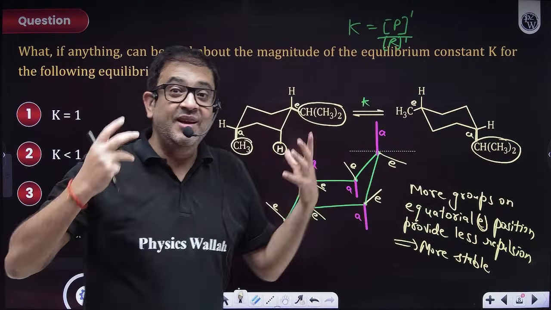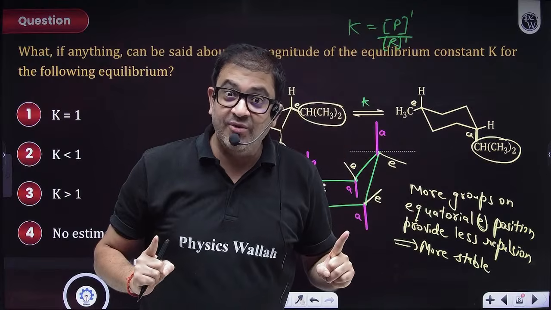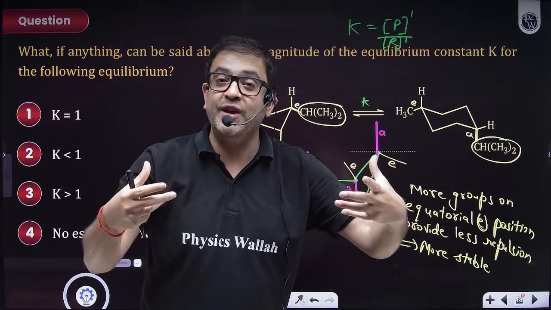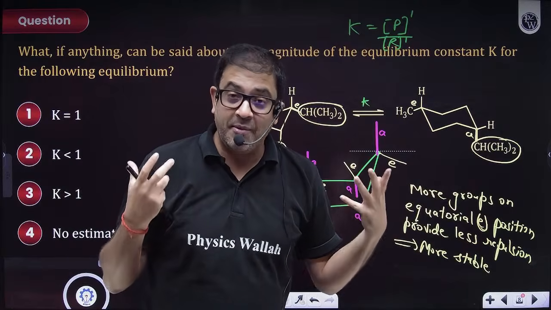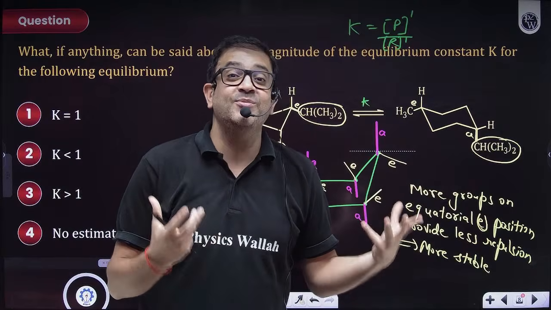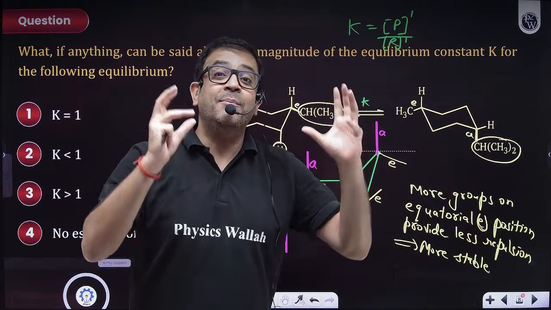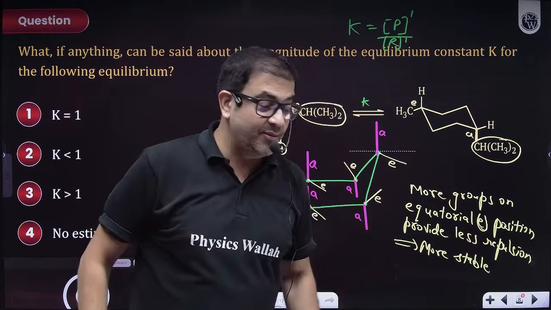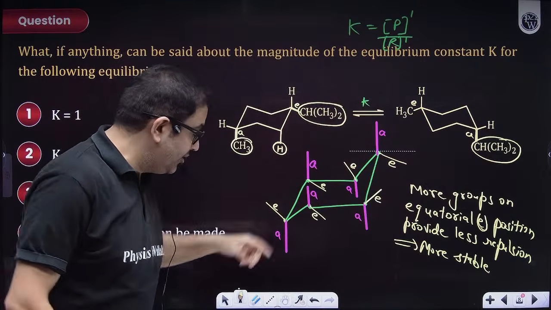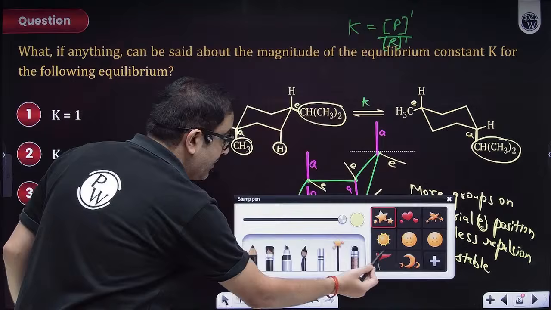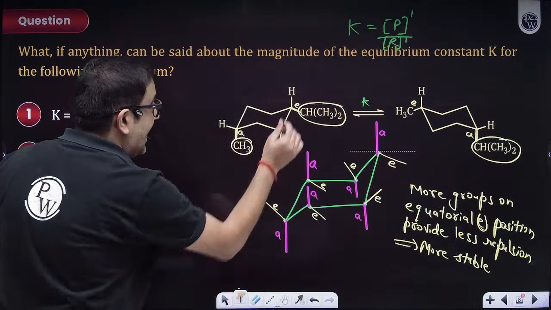Ultimately only one methyl group is coming in equatorial position. That means the number of equatorial positions is tied. Now because the number of equatorial positions is tied for these alkyl groups, I will try to put the bulky alkyl group in the equatorial position. So here the bulky alkyl group is in the equatorial position, so this side of your compound will be relatively happy.